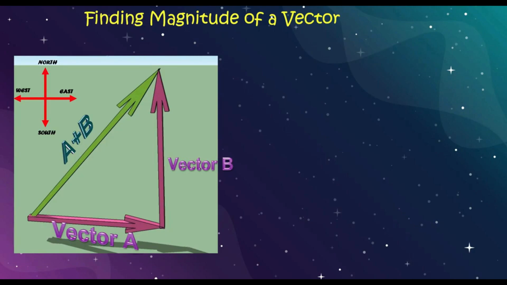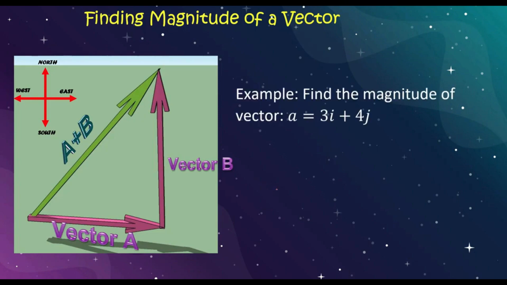Now let us see examples where we can find out the magnitude of a vector. Here we will consider that there are two vectors. One vector is going towards east, another vector is going towards north. Now let us take one example. Here we have to find out magnitude of a vector A. It is given by 3i plus 4j.